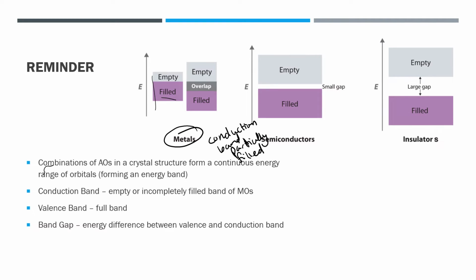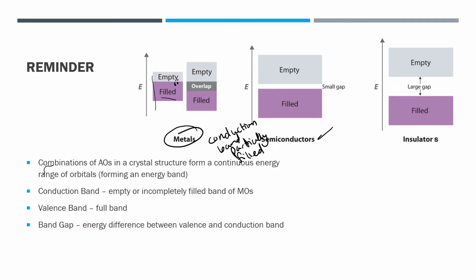That means that there's essentially no band gap, because the energy to go from a part of the filled conduction band to an empty part of the conduction band is almost infinitely small. I can take the very top of the filled and the very bottom of the empty, and that's my band gap, which is basically infinitely small. And that's the reason why metals can conduct so well, because to go from the valence band to the conduction band takes a very, very little amount of energy.